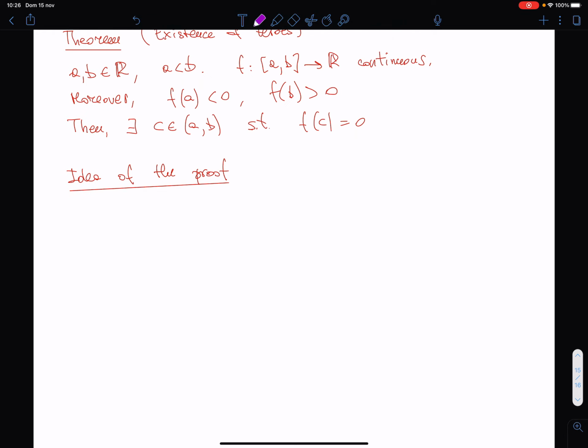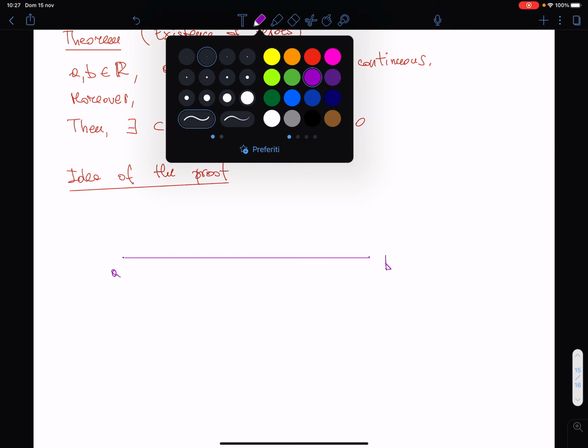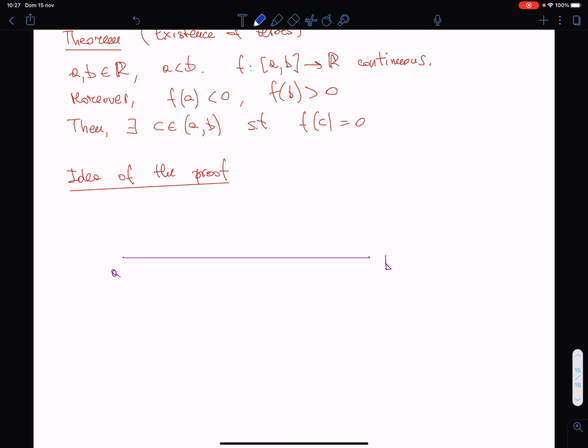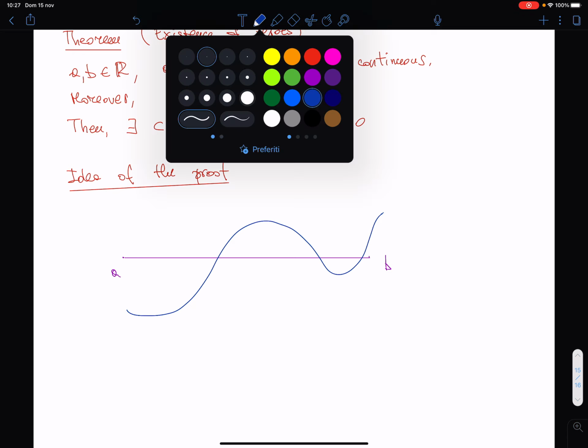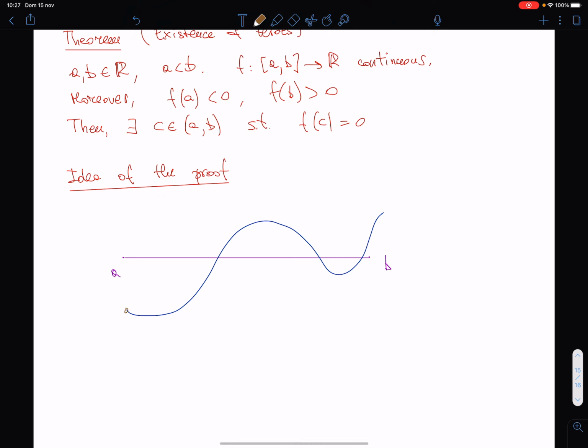So here you have your interval AB, and you have a function here. Let me suppose you don't know the function, but in order to reason a bit clearly, let me draw it, and you just know at the beginning that f of a is less than 0, f of b is larger than 0.